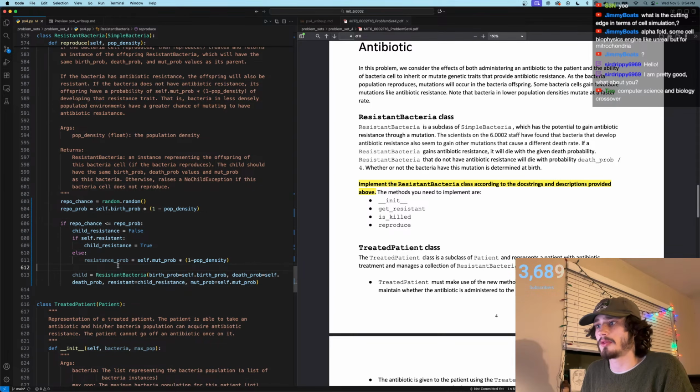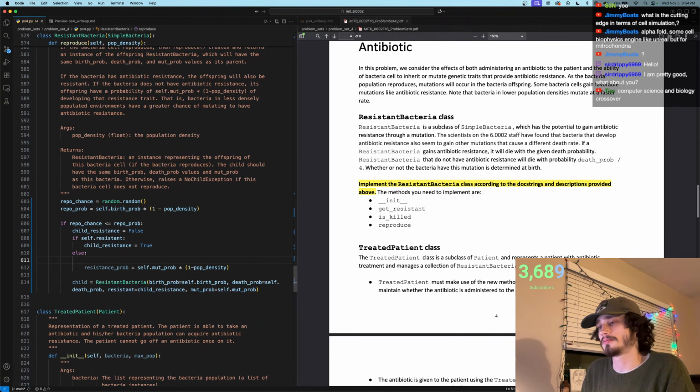And then the resistance probability, so we're going to call resistance chance equal to random here.